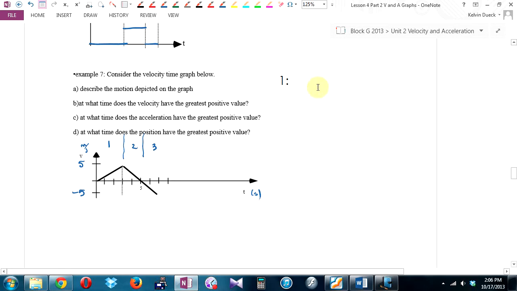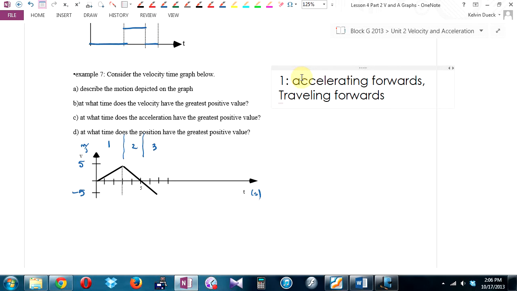What way? Forward. And I'm going to say traveling forwards. Mr. Dueck, if you're accelerating forwards, doesn't that mean you're traveling forwards? I don't know. Let's find out.